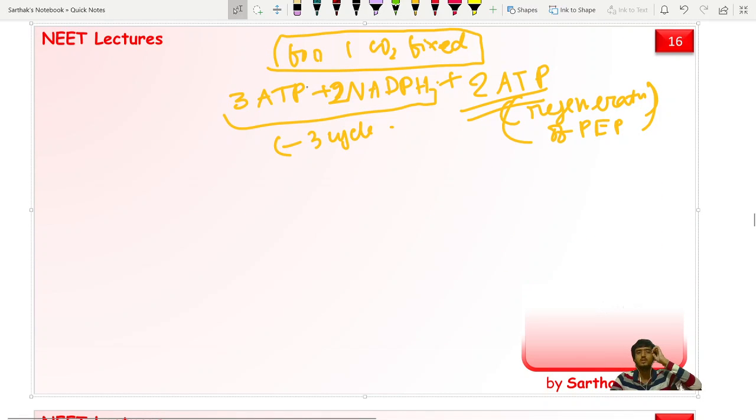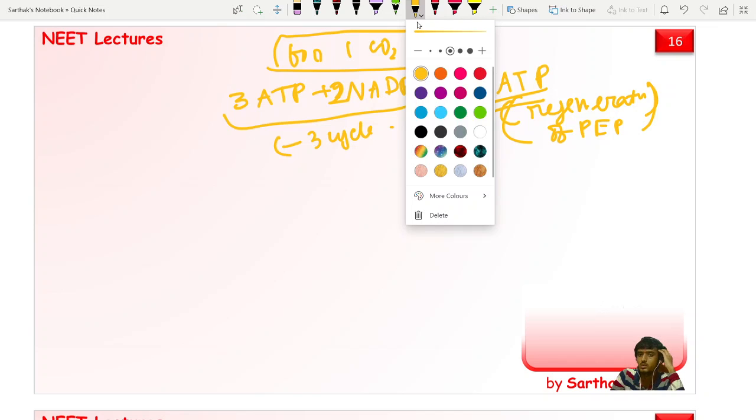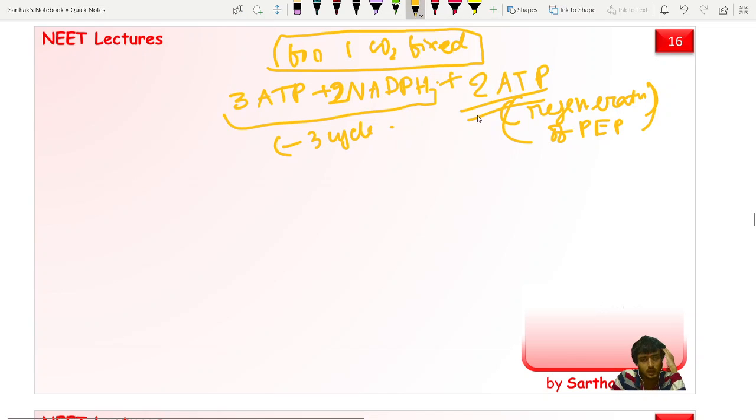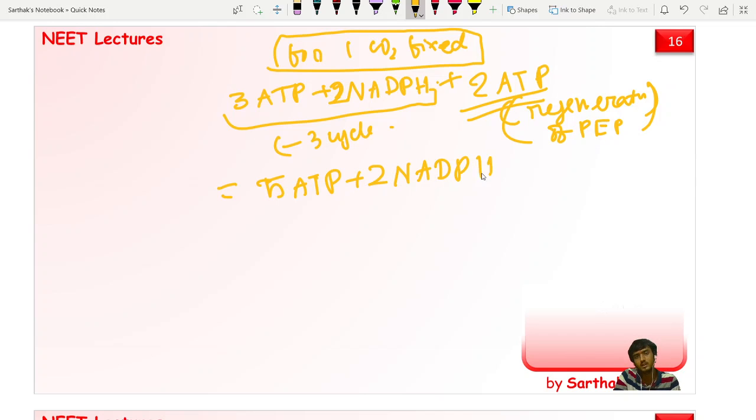So let us come to the ATP or net calculations here. So basically in the C3 cycle 3 ATP and 2 NADPH, and for regeneration 2 ATP used for 1 carbon dioxide molecule fixed. So how many? 5 ATP is used and 2 NADPH is used for fixing 1 molecule of carbon dioxide here. Okay, this is very clear.